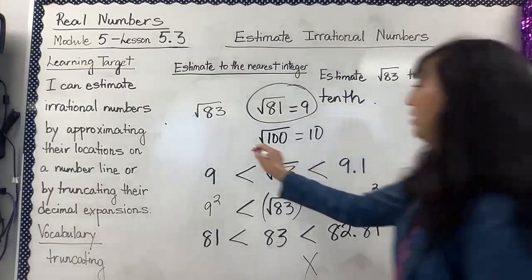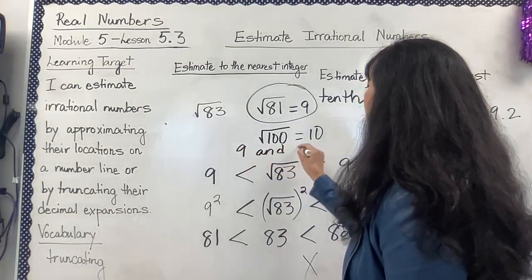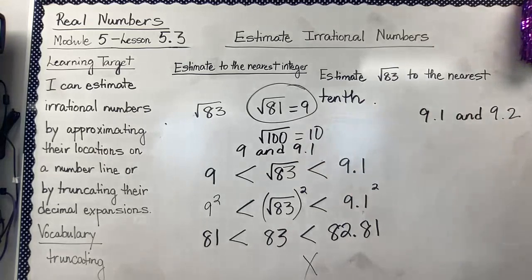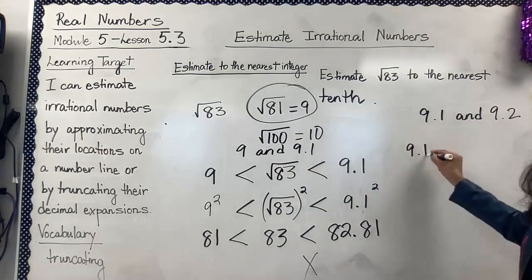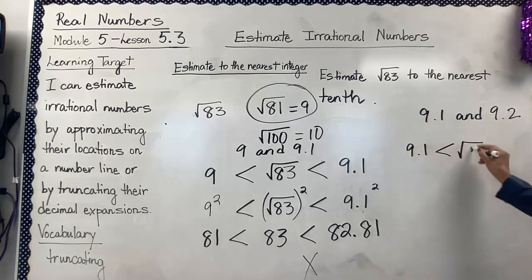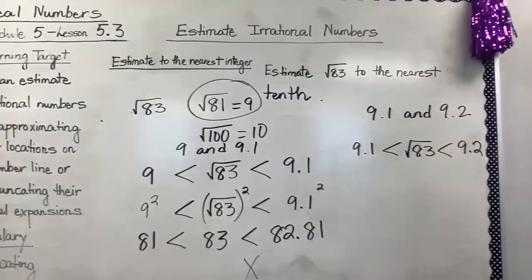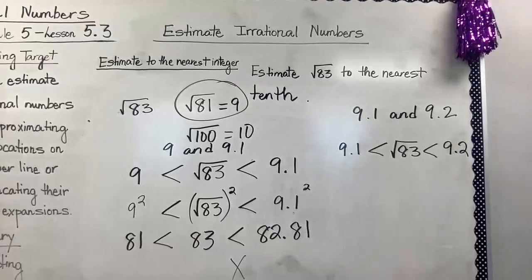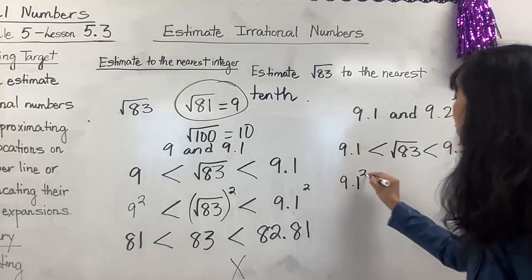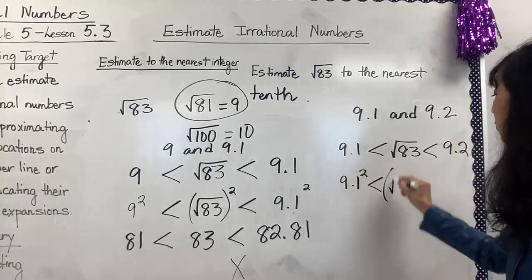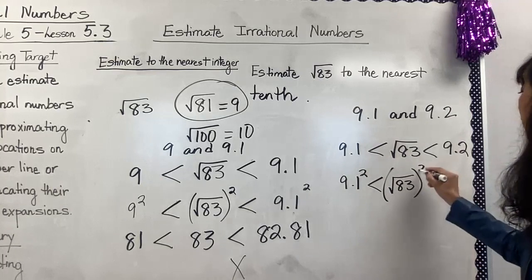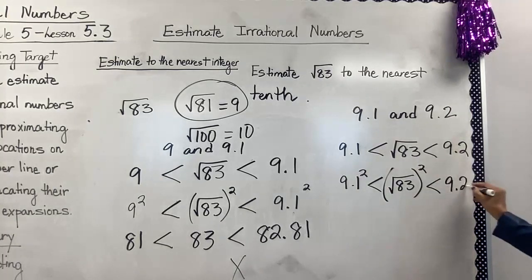So let's start with this now. We're going to write the inequality again. We have 9 and 1/10 less than the square root of 83, less than 9 and 2/10. Then after that, we are going to square the values. 9 and 1/10 squared is less than the square root of 83 squared, less than 9 and 2/10 squared.